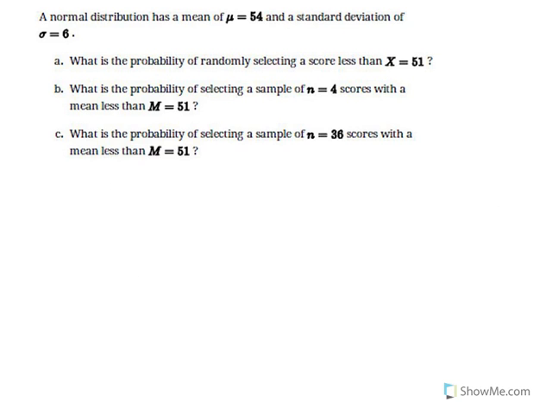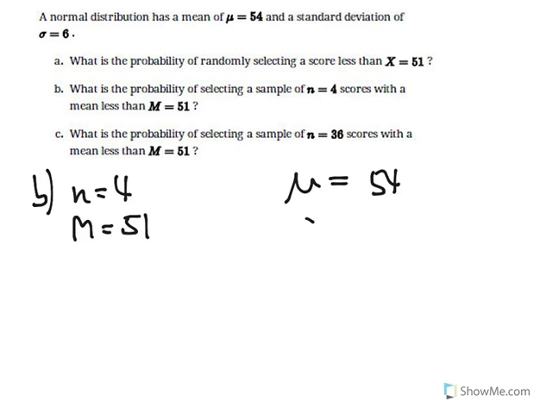For B, we can see that something is changing because suddenly we have n and we have a sample mean given of 51. We still have from the original problem our population mean, which was 54, and our population standard deviation, which was 6.